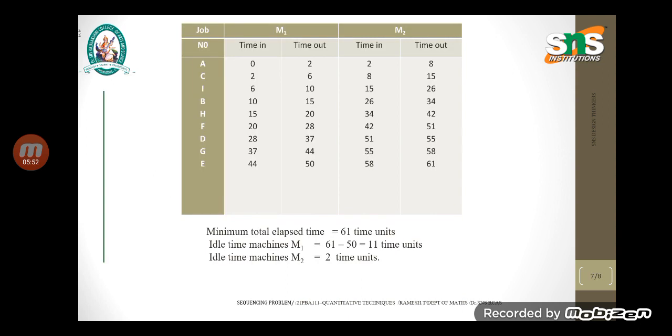So write all the jobs in optimum sequence order. Then time in and time out for machine 1 and machine 2. After calculating all that, the minimum total elapsed time is 61 hours. The idle time of machine 1 is 61 minus 50, that is equal to 11 time units. And the idle time of machine 2: machine 1 completes its first job, then machine 2 will start, therefore 2 time units. Thank you.